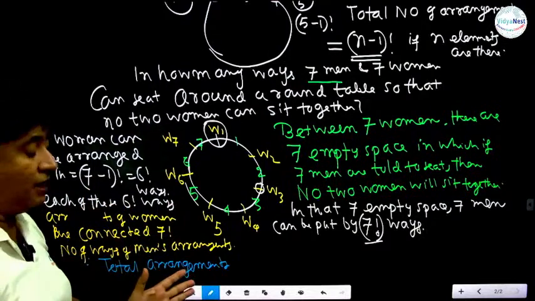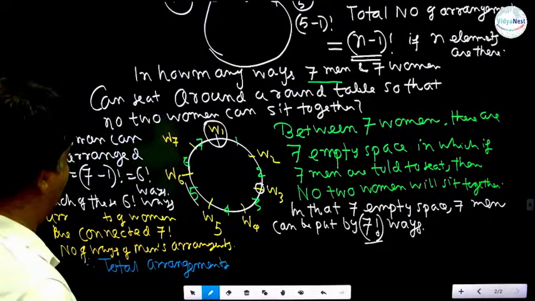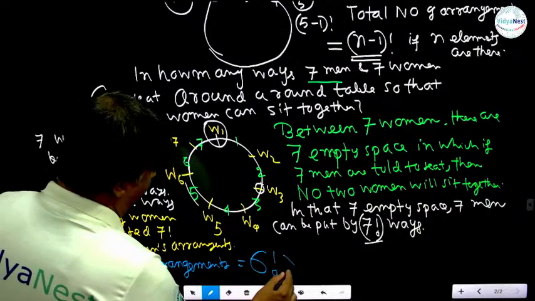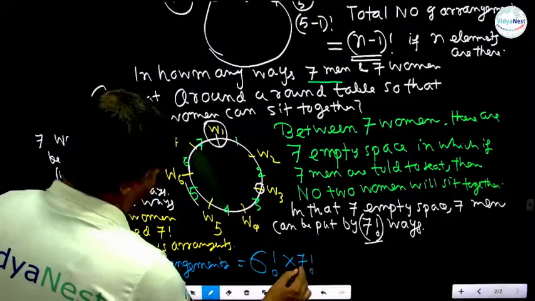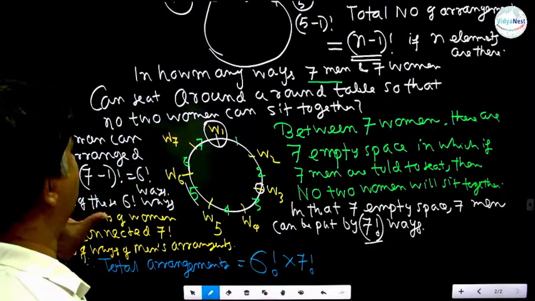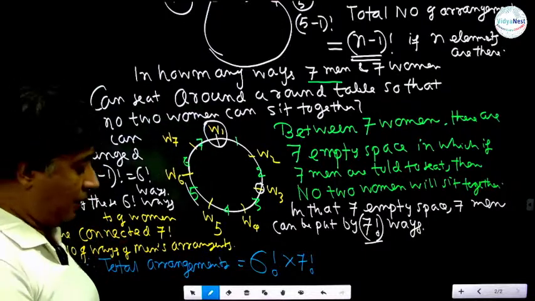So by the unitary method you can get the total arrangement will be factorial 6 into factorial 7. This is the concept of cyclic or circular permutation. Okay.